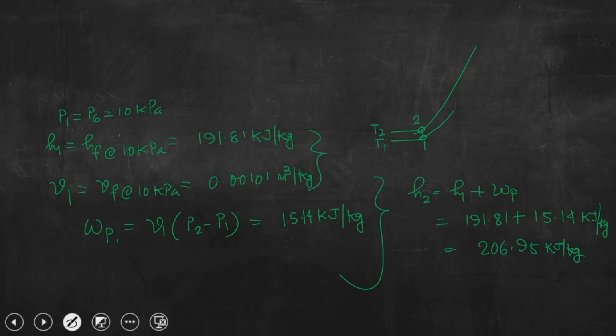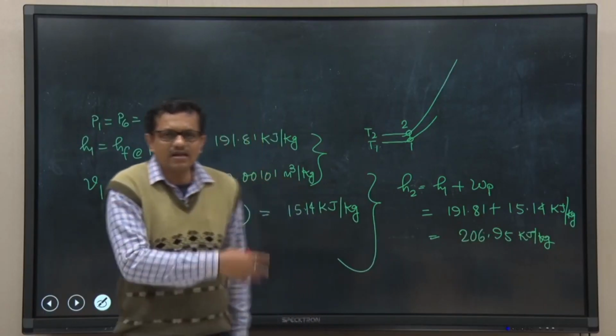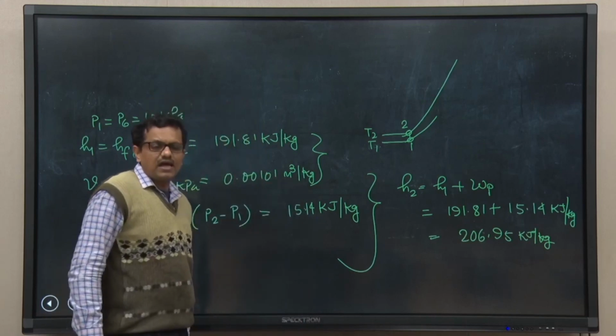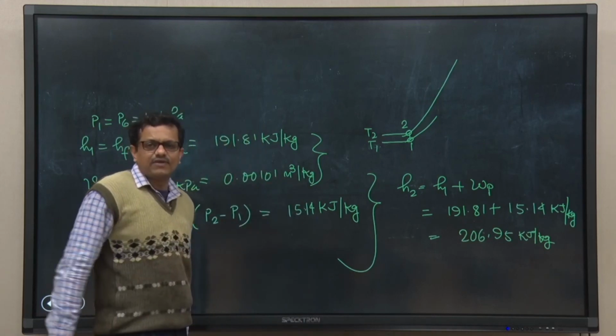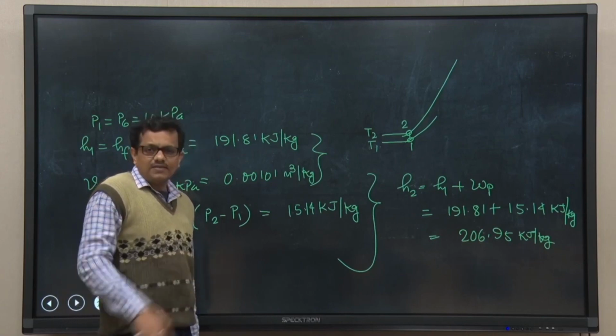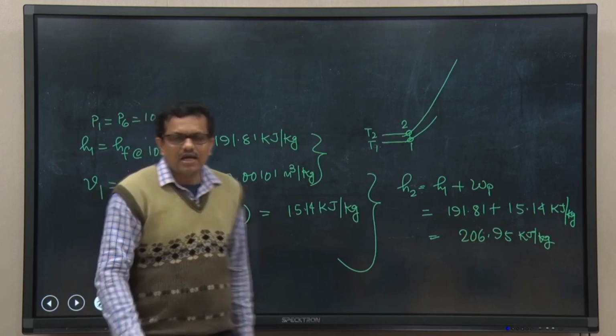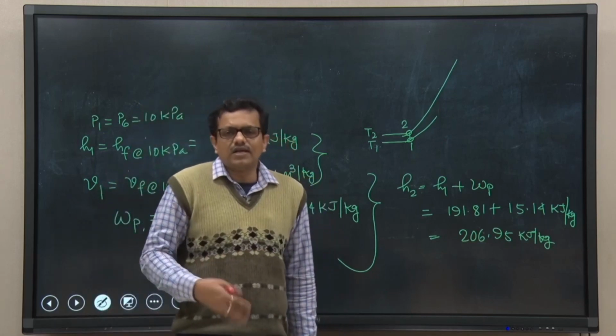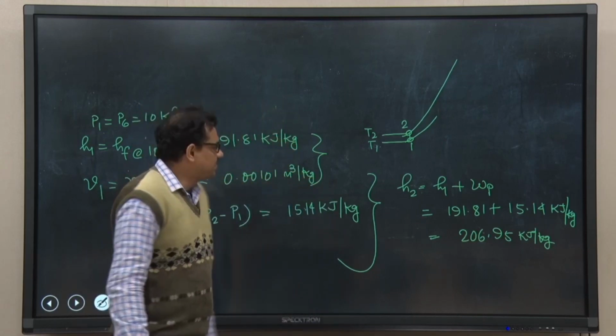Fine. As I told you, if we apply the steady state steady flow equation to the several processes which are getting executed in different devices, we will be getting the energy interaction, whether it is work interaction or heat interaction, in terms of the enthalpies.